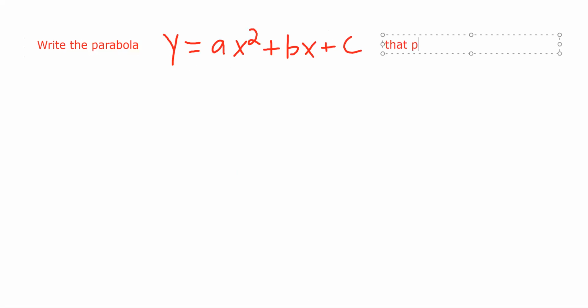We'll figure out the parabola written in terms of y equals ax squared plus bx plus c. Write the parabola y equals ax squared plus bx plus c that passes through the points.